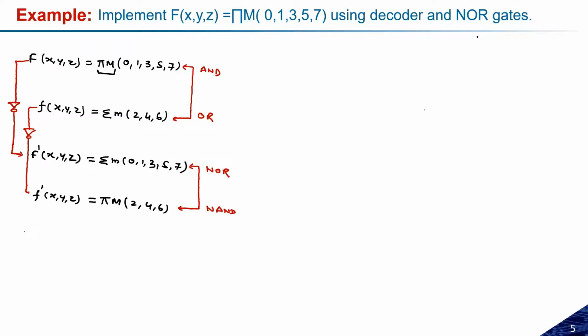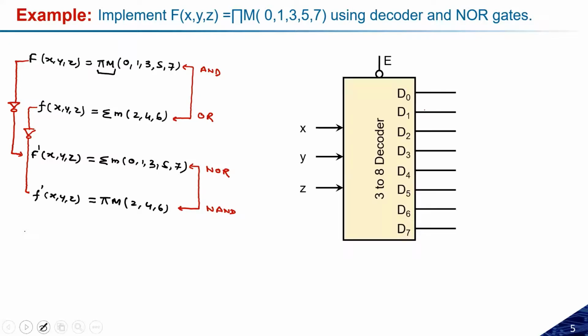Okay, so let me try to analyze a few things. Here we have three inputs X, Y, Z, and enable, which is active low, so I need to connect this enable to ground.